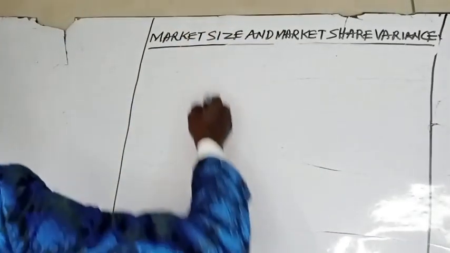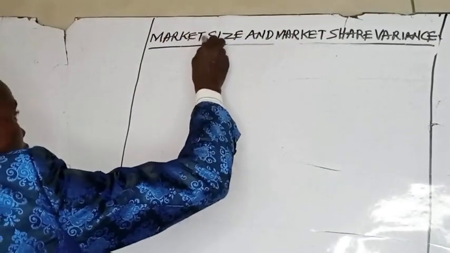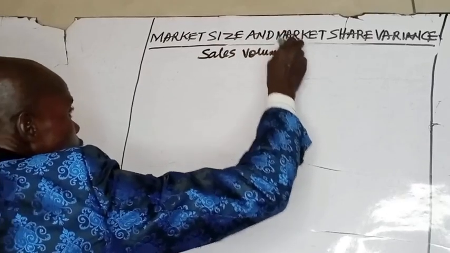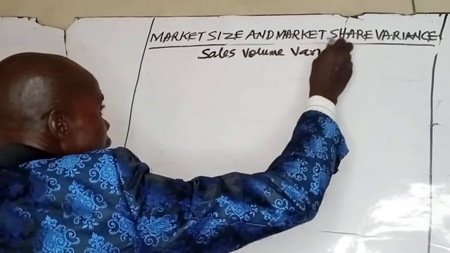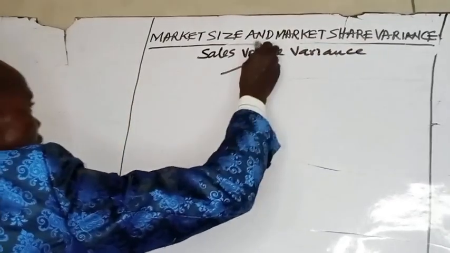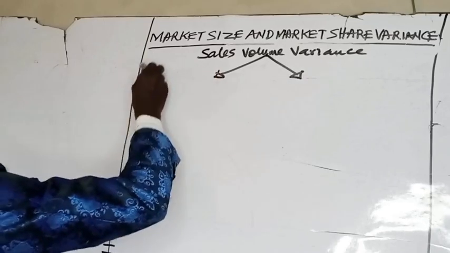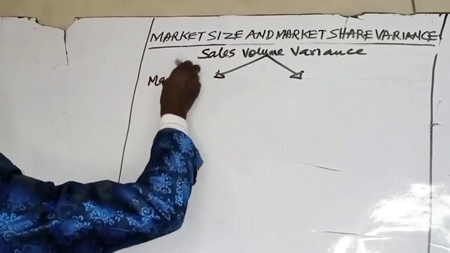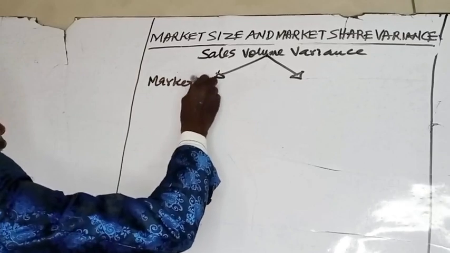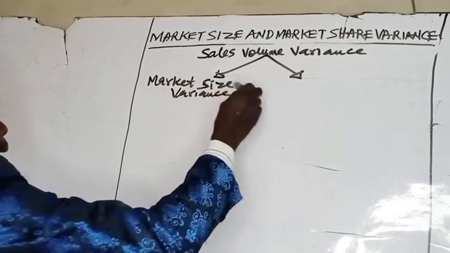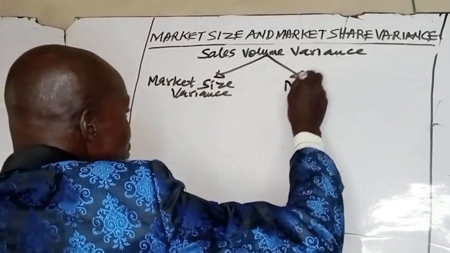Sales volume variance can be analyzed into market size variance and market share variance.